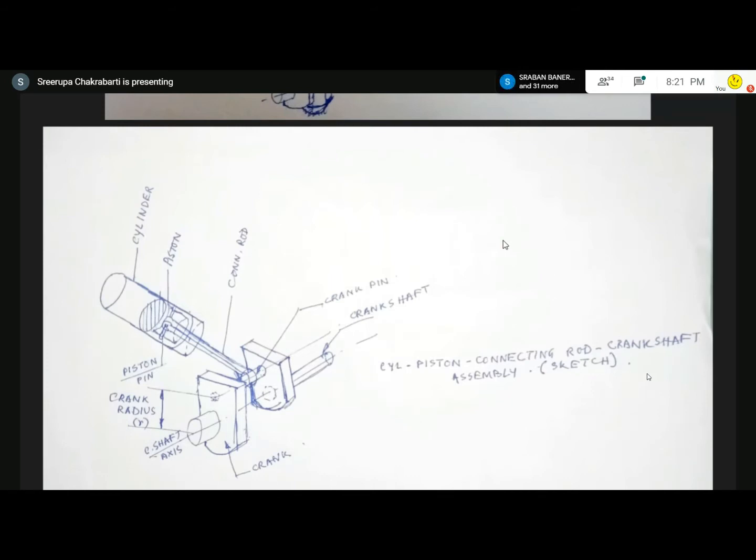The connecting rod is basically a rod having two ends. One end is called the piston end. Piston pin is also called gudgeon pin. The other end is called the crank end. The crank end of the connecting rod is connected to the crank pin.